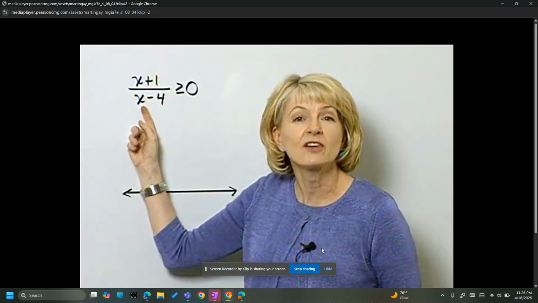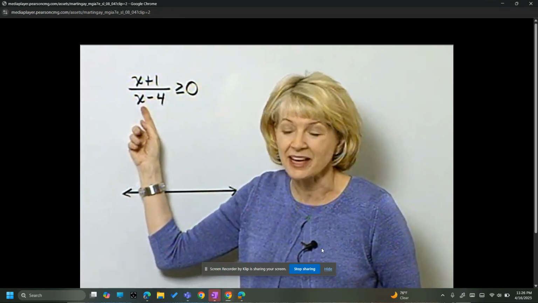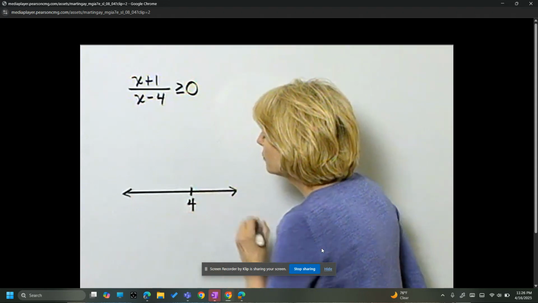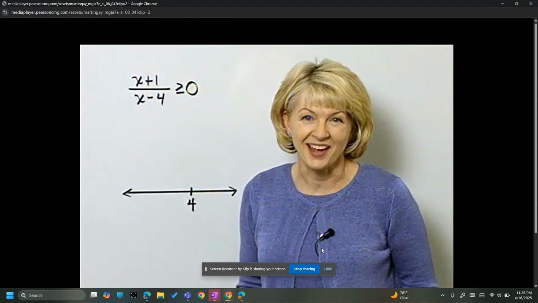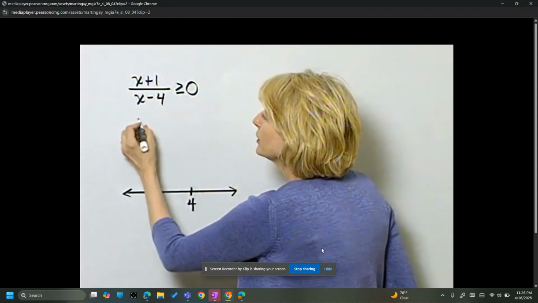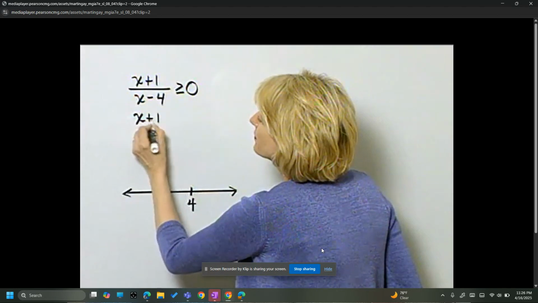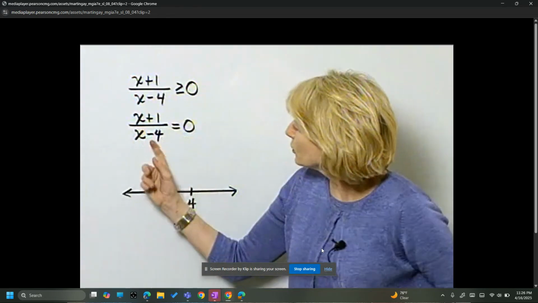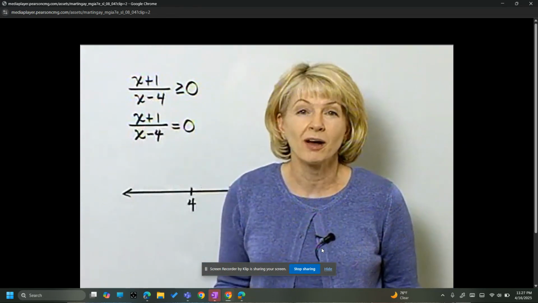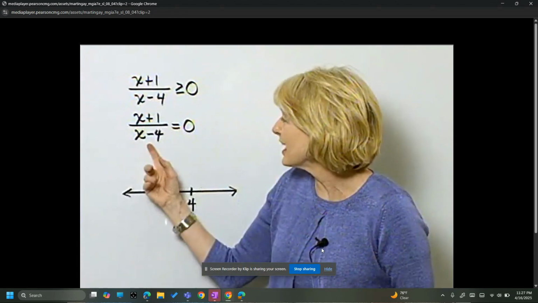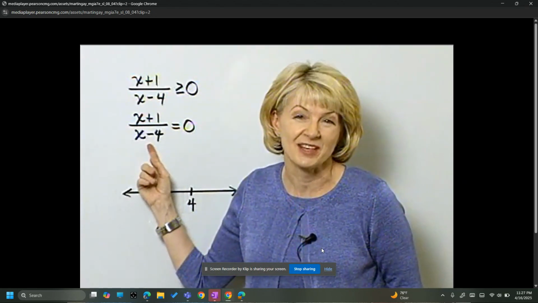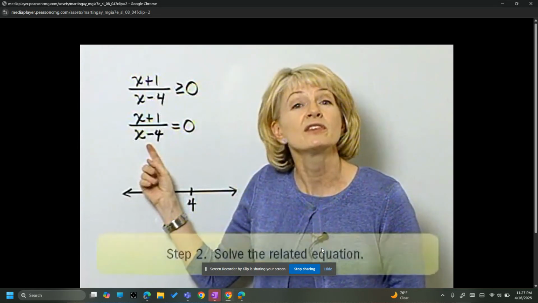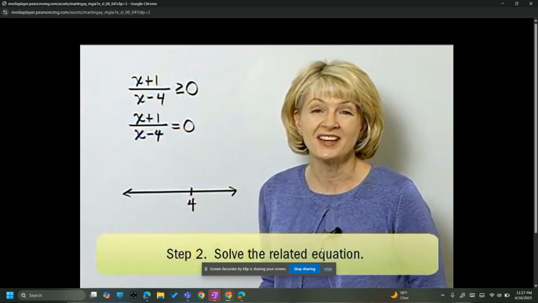Notice by inspection, 4 makes this denominator 0. Since it does, I will include 4 on my number line. Now we'll look at the related equation. 4 is still a value that makes the denominator 0. Let's now move on to the next step, which is to solve this equation.